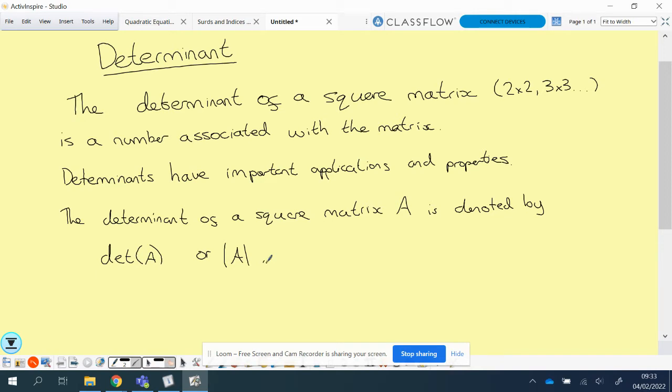In a lot of exercises, textbooks and past paper questions, you normally see it written det. So that's how we're going to denote the determinant of A.